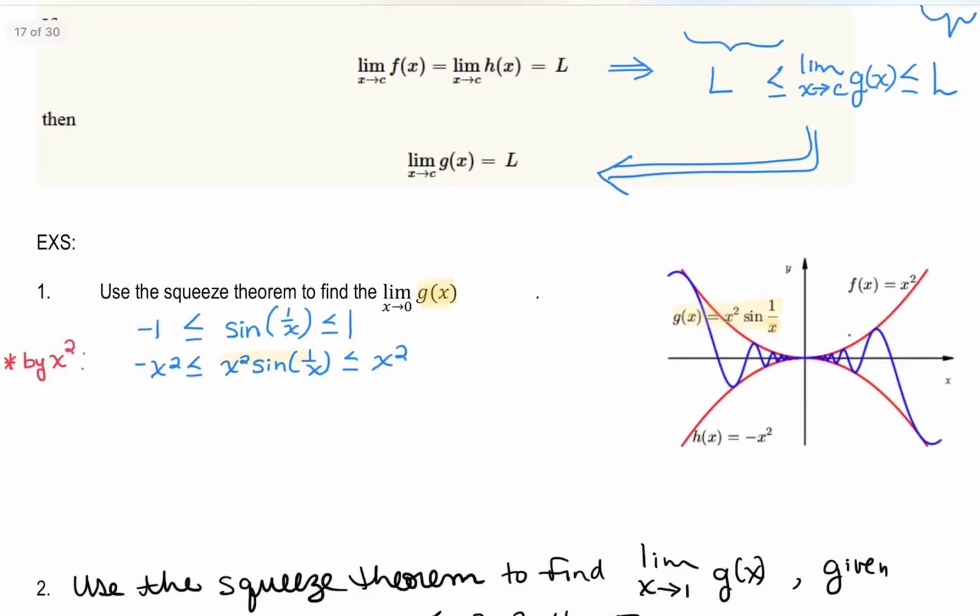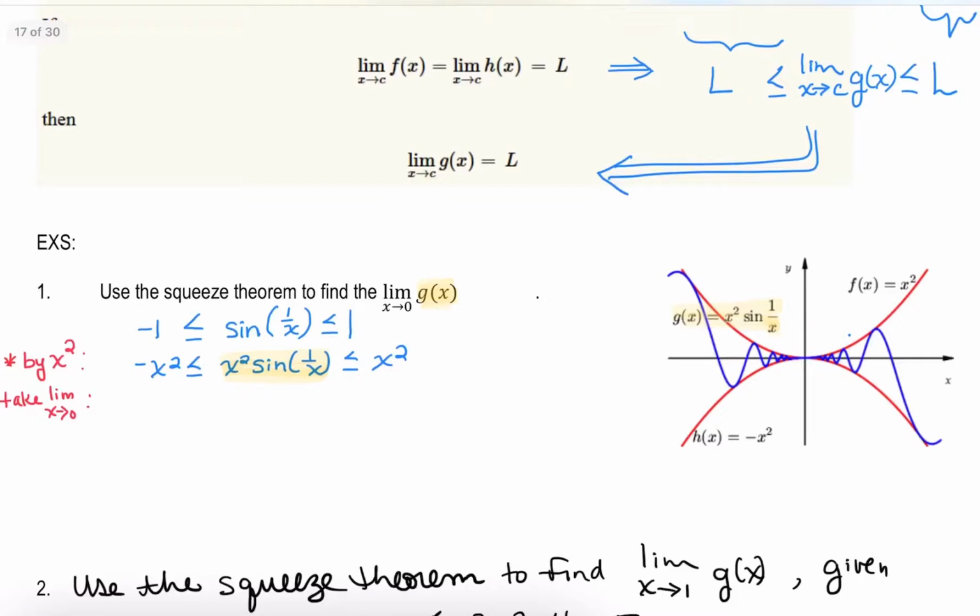I have g of x sandwiched in between two other functions. So now we can take the limit. So now we're going to take our limit as x approaches 0 of that inequality.